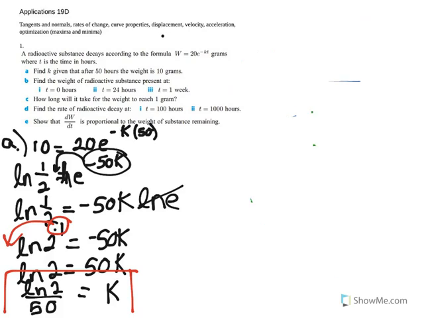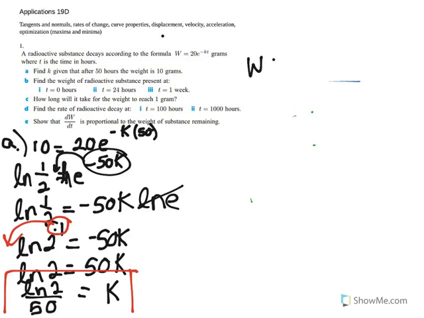Okay, part D. Part D, this is calculus. We're finding the rate of the radioactive decay. So we're finding the rate at which it decays, which means we are finding dW dt. So when I take the derivative of my original function, let's start with my original function so that I can see it.